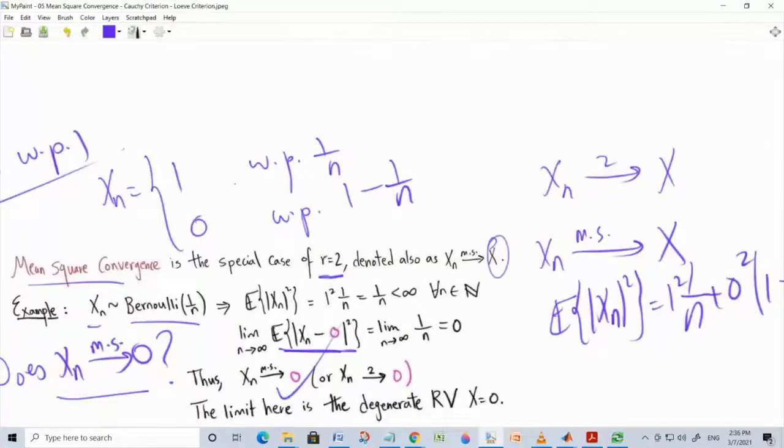You may ask, how did you actually know that there is convergence to 0? It is intuitive in this problem, because the probability that Xn is equal to 0 is 1 minus 1 over n. As n gets large, the probability that the random variable is 0 gets very, very close to 1.